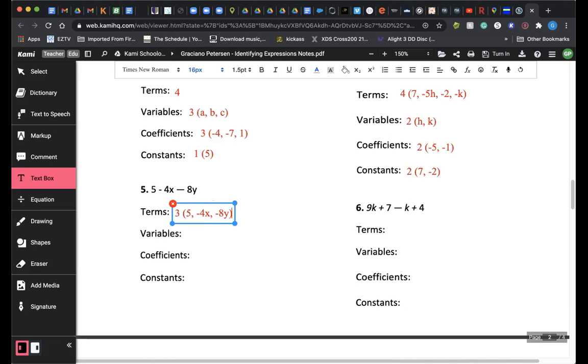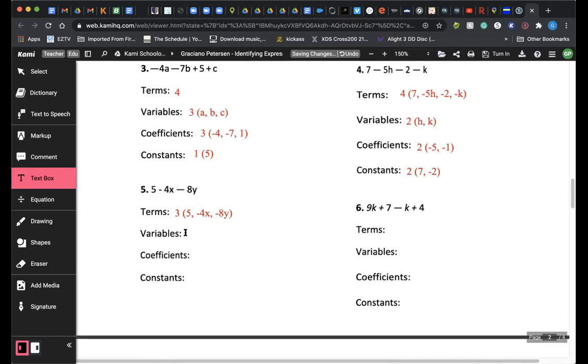How many variables do we have in number 5? We have 2 variables, x and y. If I have 2 variables, I have to have two coefficients. What are those two coefficients?